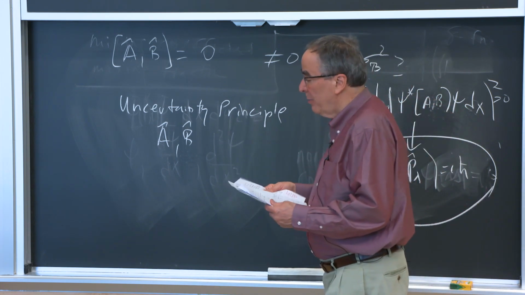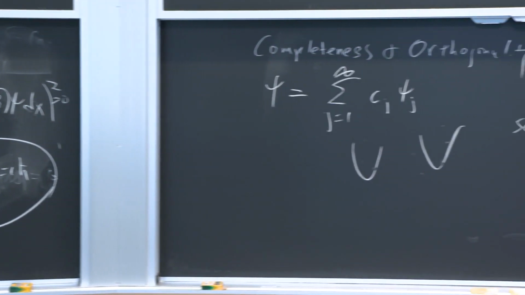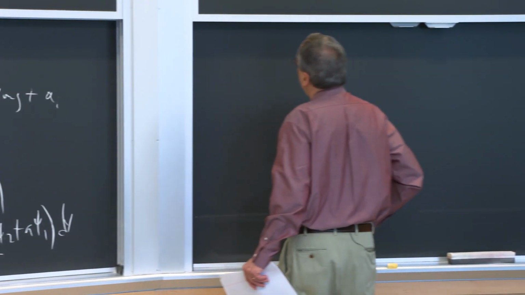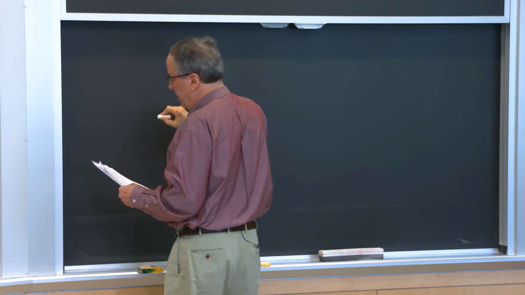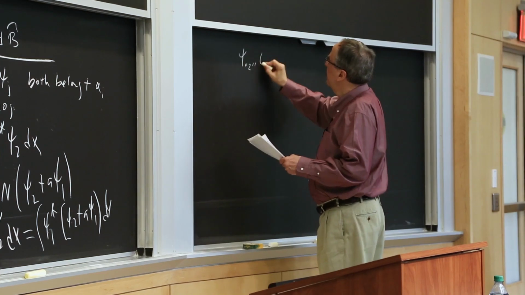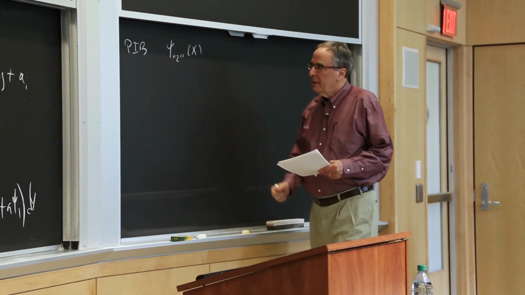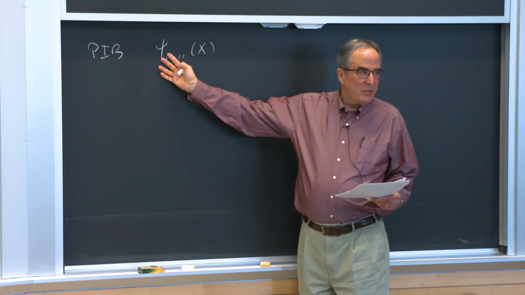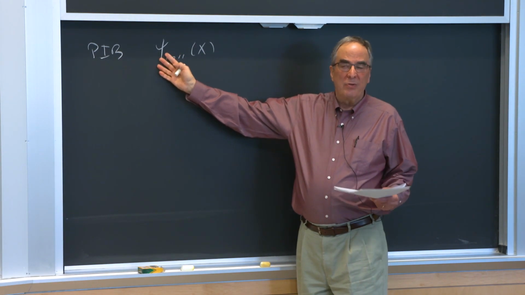Okay, the last thing I want to talk about, which I have just barely enough time to do, is suppose we have a wave function, let's call it psi2 of x, for the particle in an infinite box. This is a wave function which is not the eigenfunction, but it's constructed to look like the eigenfunction, mainly because it has the right number of nodes.